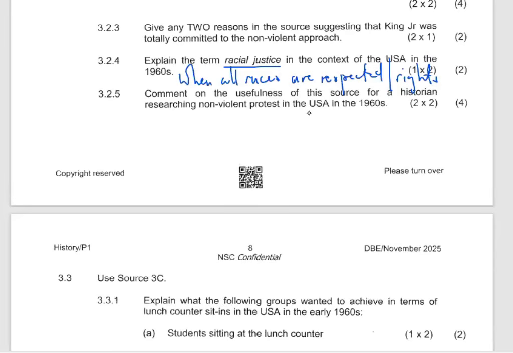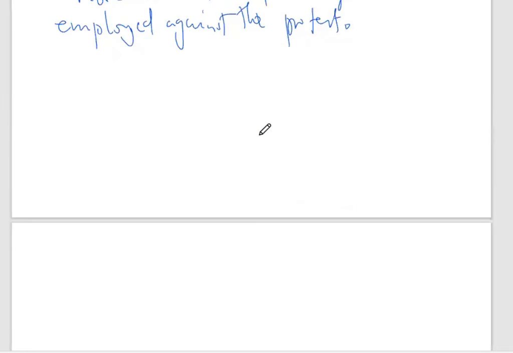Question 3.2.5: comment on the usefulness of this source for a historian researching non-violent protests in the USA. How useful is this source? When you are checking on usefulness, check on something tangible. What does the source tell you?